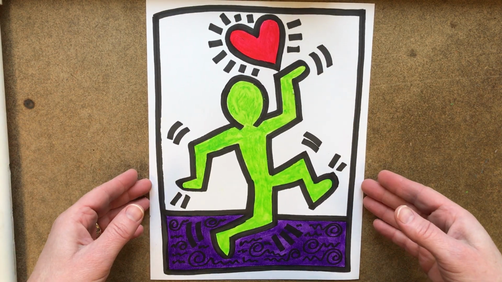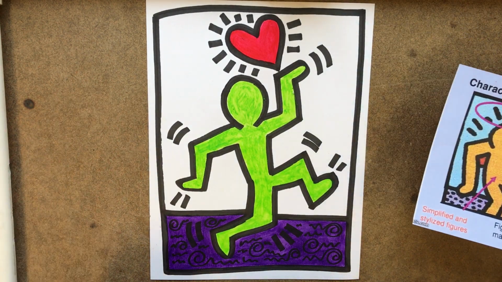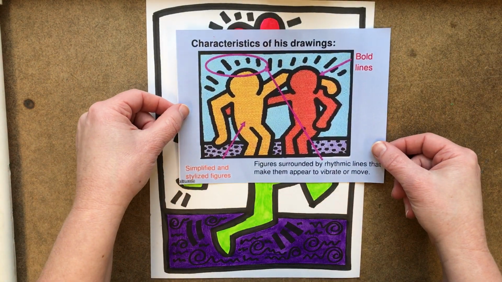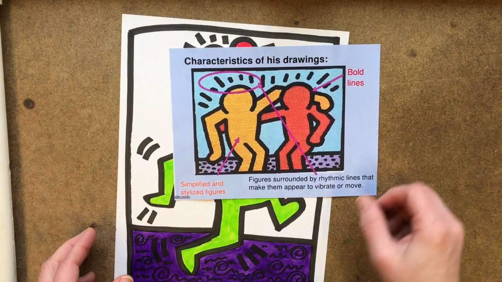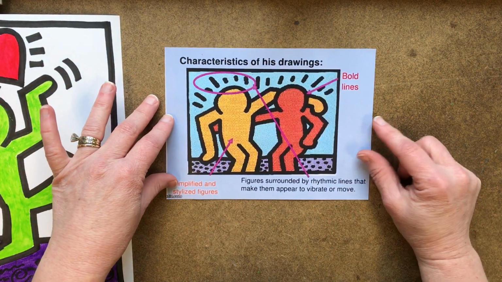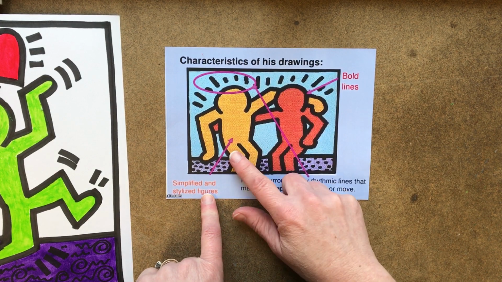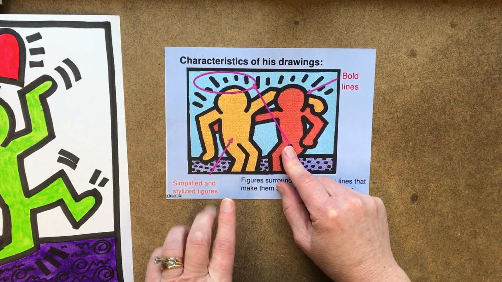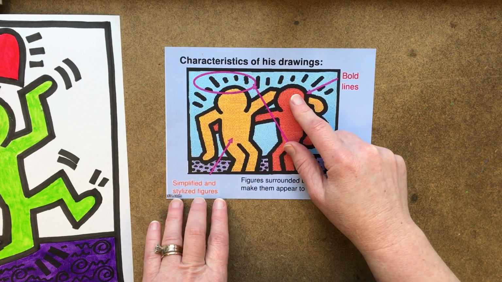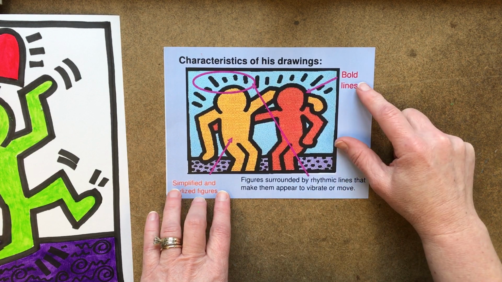And so I'm going to talk a little bit about Keith Haring in general and his art. This kind of breaks up the characteristics of his drawings. His drawings usually have simplified, stylized figures. The figures don't have any faces. They're just very basic and bold.